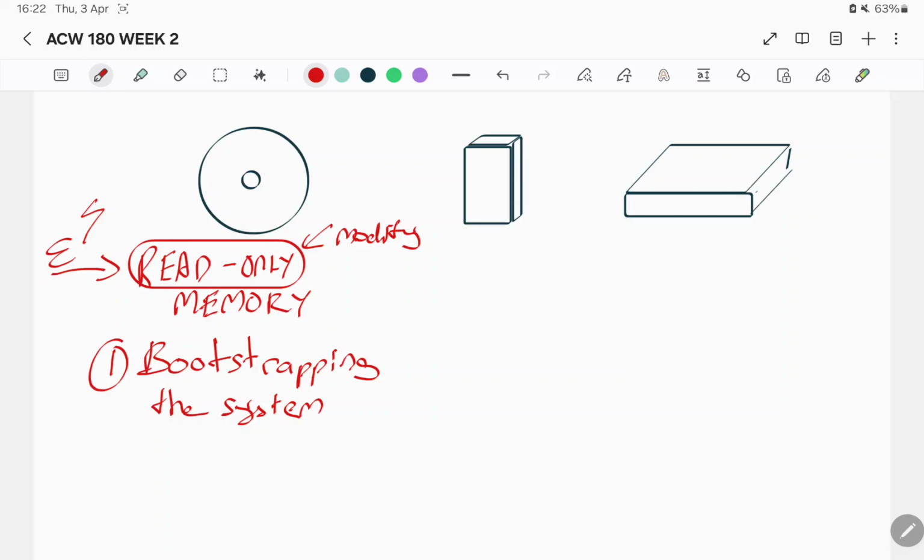The CPU looks at the ROM for instruction to begin the booting process. Once it boots up, it will read what type of OS it has before it loads the OS, right?